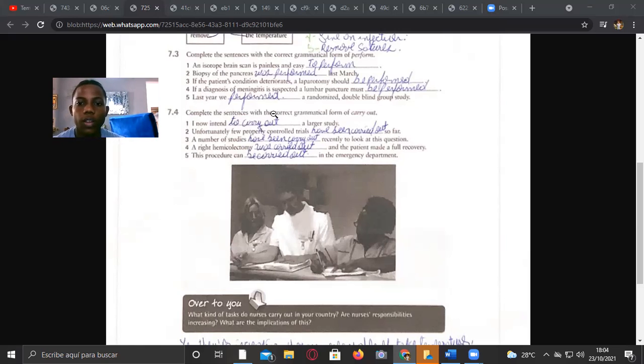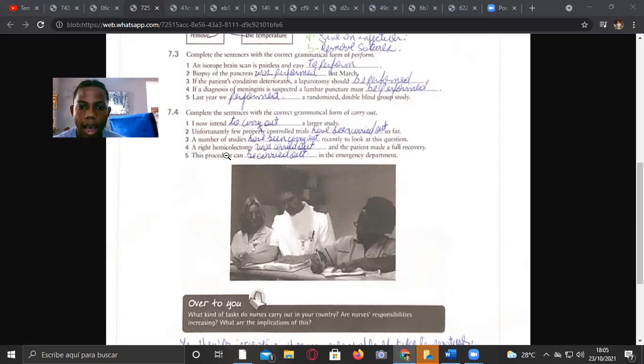Complete the sentence with the correct grammatical form of carry out. Now, first one, I now intend to carry out a larger study. Second, unfortunately, few properly controlled trials have been carried out so far. A number of studies have been carried out recently to look at this question.